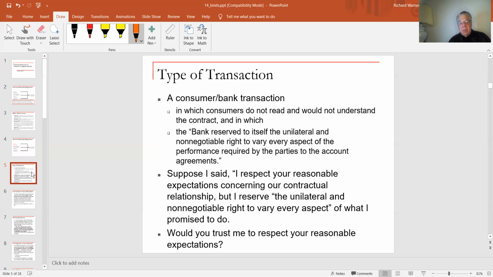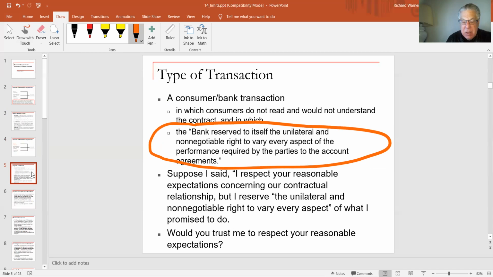So let's do it. Our first part is, as you see on the slide, type of transaction. So what can we say about the type of transaction in this case? Well, it's a consumer bank transaction. We know consumers don't read and would not understand the contract. And in this transaction, the key thing that impresses the court is that the bank reserved to itself the unilateral and non-negotiable right to vary every aspect of the performance required by the parties to the account agreements.